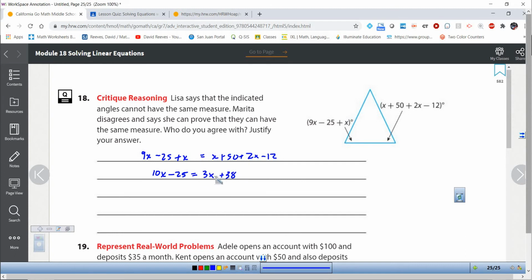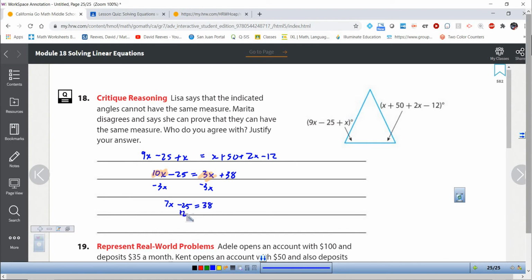I know this equation is going to have a solution because if you look at the variable terms on each side, this one is 10x and this one is 3x. They are not the same, which means we're going to have a solution. But let's see what happens when we actually solve it. 10x minus 3x gives me 7x minus 25 is equal to 38.